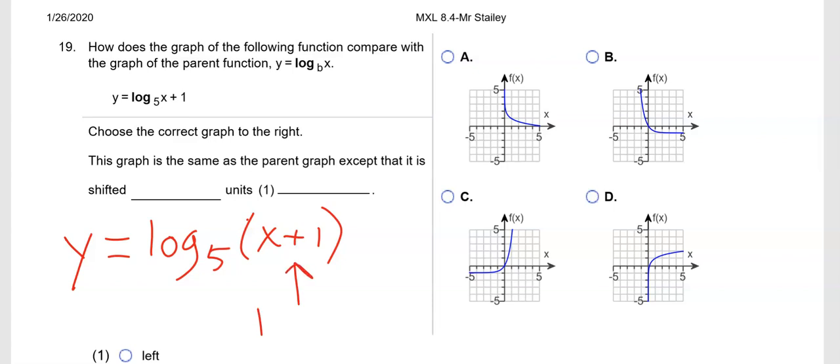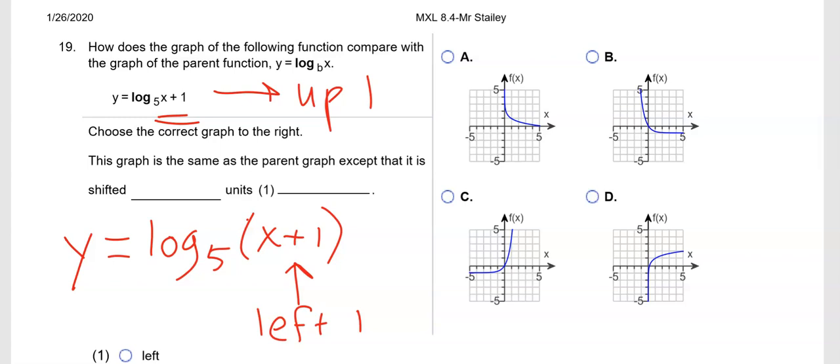This one would be left 1 unit because the change is happening inside with the x, and we've always said if it's inside with the x, it's opposite of your common sense. But this one is on the outside, so it's affecting the up and down movement. And we said that matches your common sense. So I'm hoping that you say, oh, that's up 1 unit.